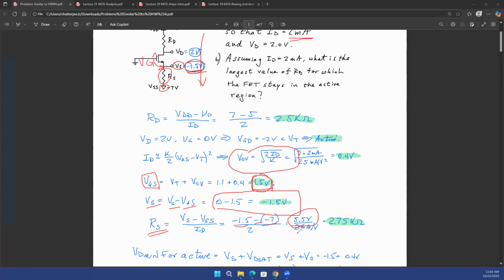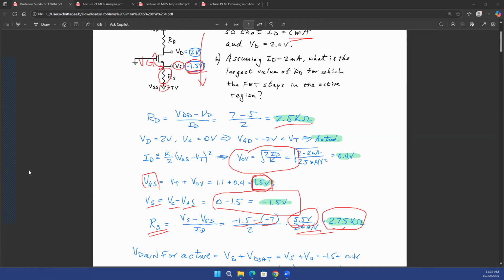So if you know the current and if you know the voltage drop across the resistor, you can find out what is the value of that resistor. So these values of the resistors, RD equal to 2.5 kilo ohm and RS equal to 2.75 kilo ohm, ensure that now you have a current of 2 milliampere through this drain to source.